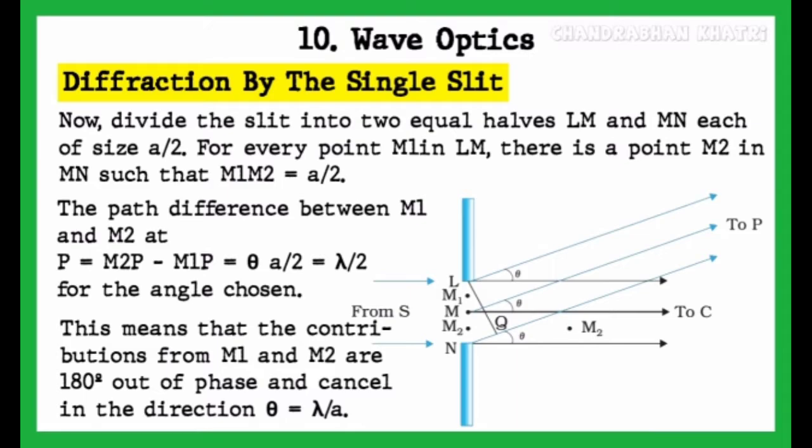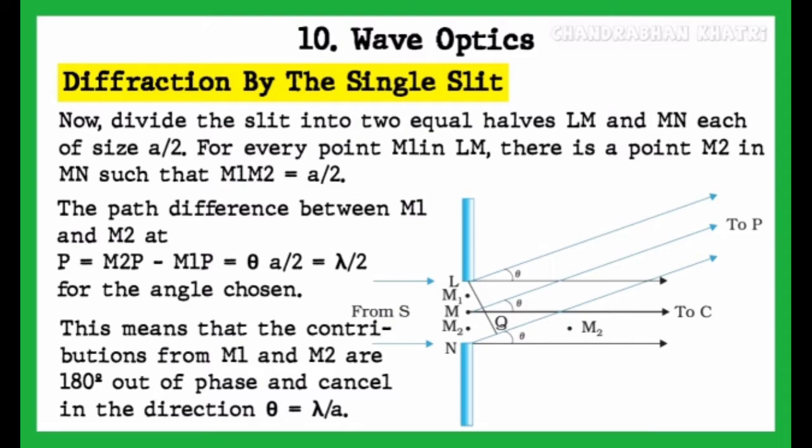The path difference between M1 and M2 at point P, M2P minus M1P, is equal to a theta by 2. That is equal to lambda by 2 for the angle chosen.